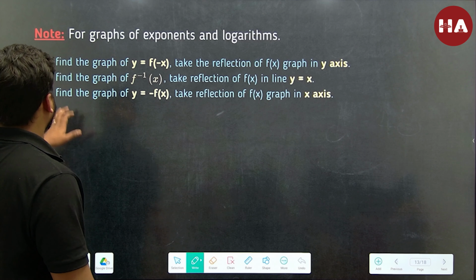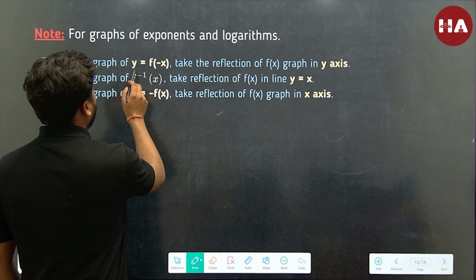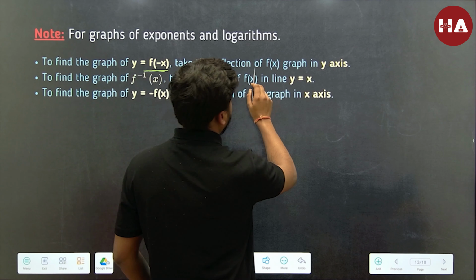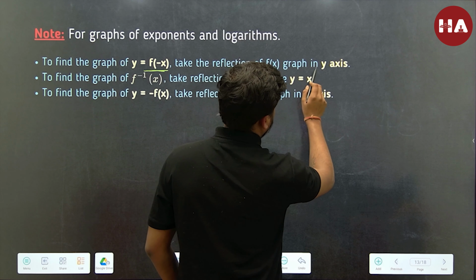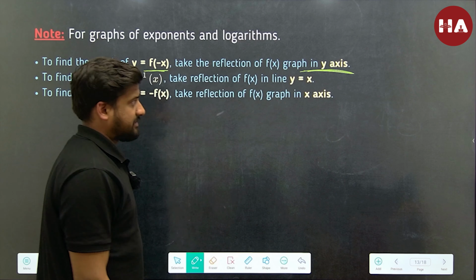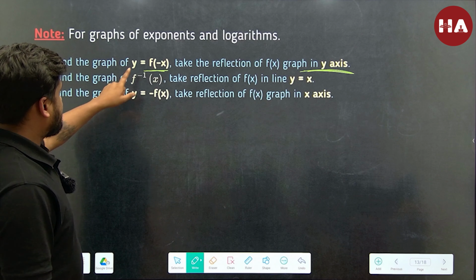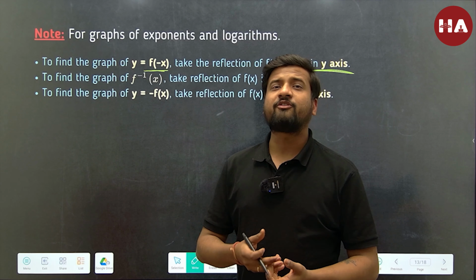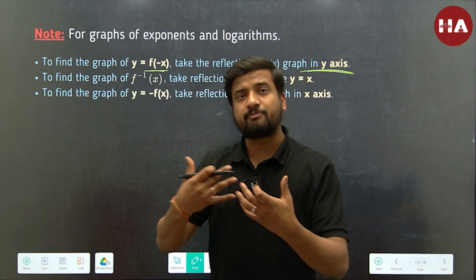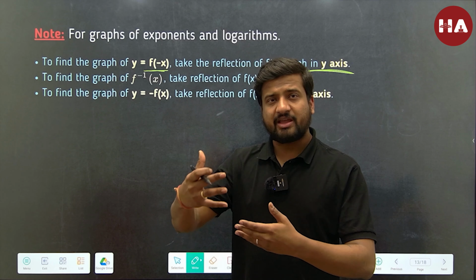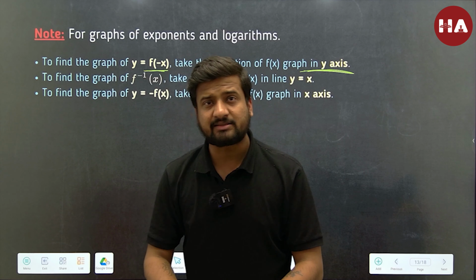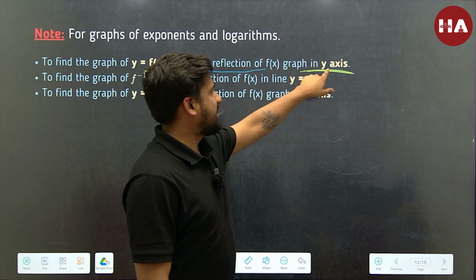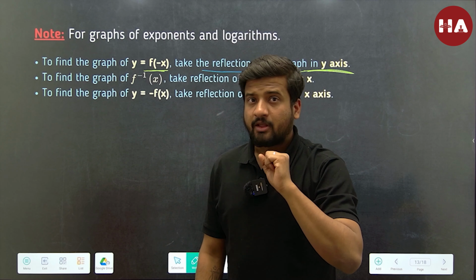To find the graph of y equals f of minus x, take the reflection of the f of x graph in the y-axis. Basically, if I replace x with minus x, I'll be taking the reflection of the graph in the y-axis.